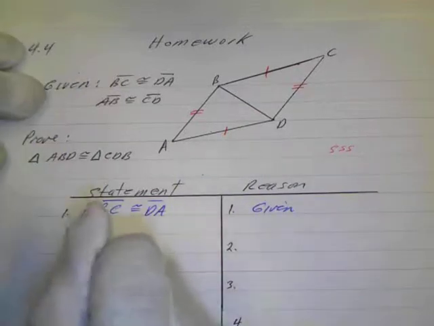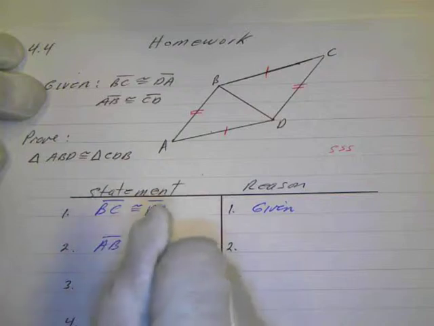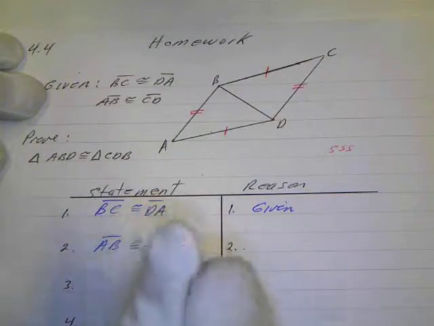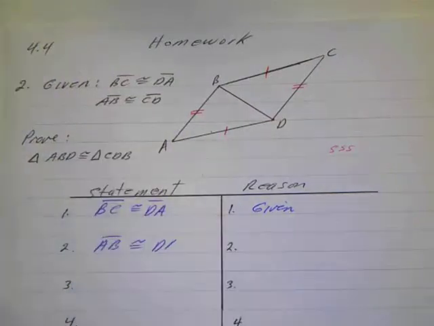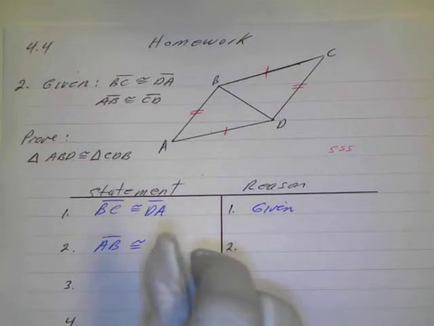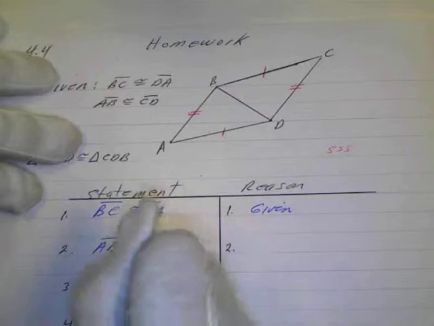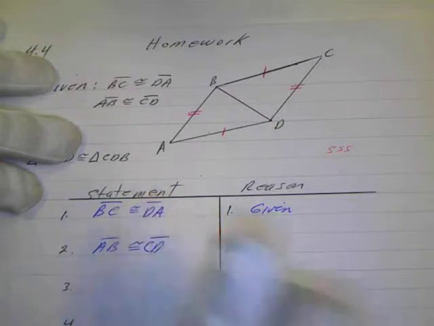And then we also have AB is congruent to CD. Let me fix that up right here first. AB is congruent to CD. I'll put the C here. And that's given.